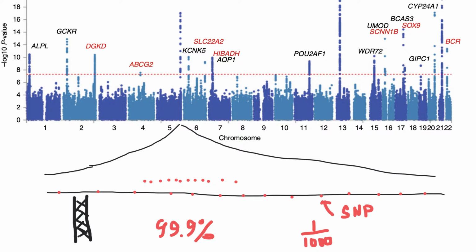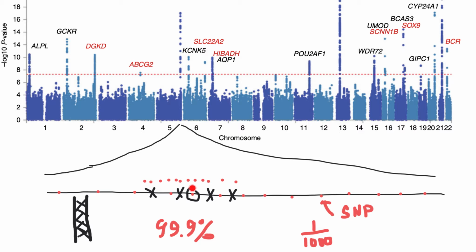And that means that, let's say, we take this single nucleotide polymorphism here, and if we take a look, during meiosis this crossing over may happen between these two single nucleotide polymorphisms. It also may happen here between these two single nucleotide polymorphisms.